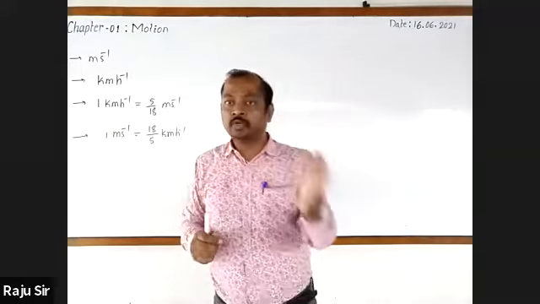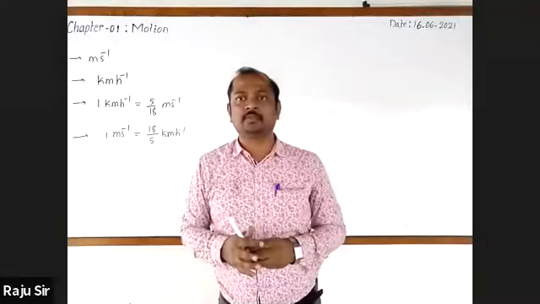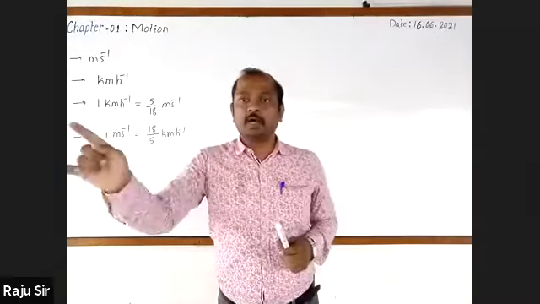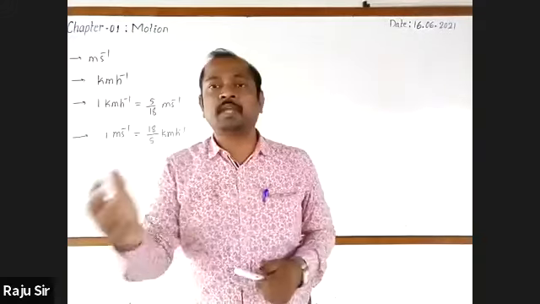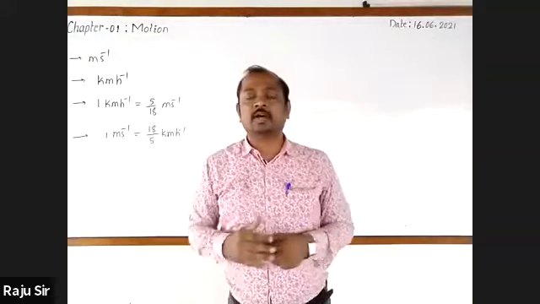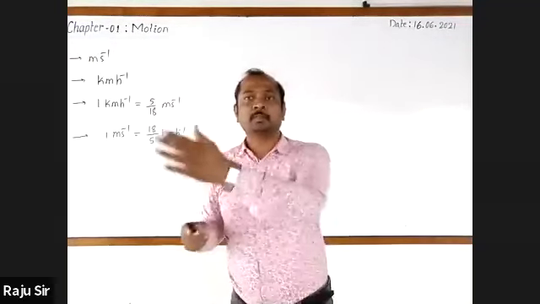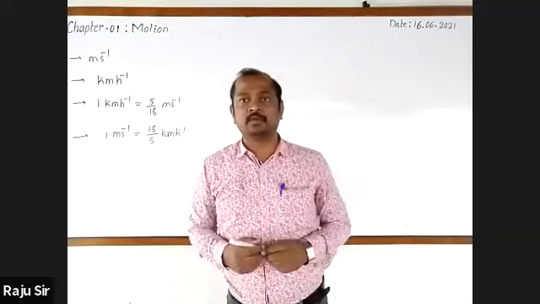It is uniform, and the velocity is known as uniform velocity. In general, if a body covers equal distances in equal intervals of time, its speed is constant. The body is moving with a constant speed or uniform speed.